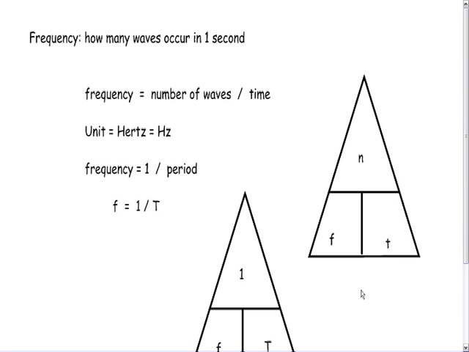So that's frequency sorted out. Wavelength is the distance between a crest and a crest on two subsequent waves, or a trough and a trough. The amplitude is how far it gets away from its original rest position. Then we need the relationship between frequency, wavelength, and wave speed.